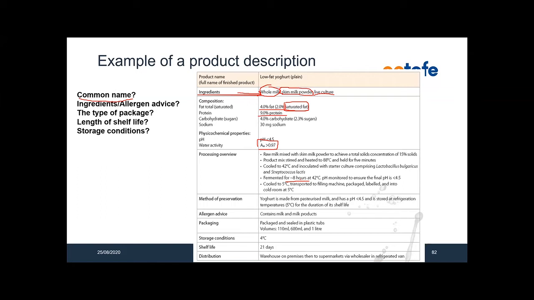So we're going to come back to the process of yogurt making later in the other lectures, but I want to quickly describe why we have to do each step, so you have a good understanding of each step. The first thing is easy: raw milk comes in and is mixed with skim milk powder for rehydration, of course, and to reach a total solid of 15%. As soon as you get 15% total solid, it will meet the requirement of the high protein content in the product.